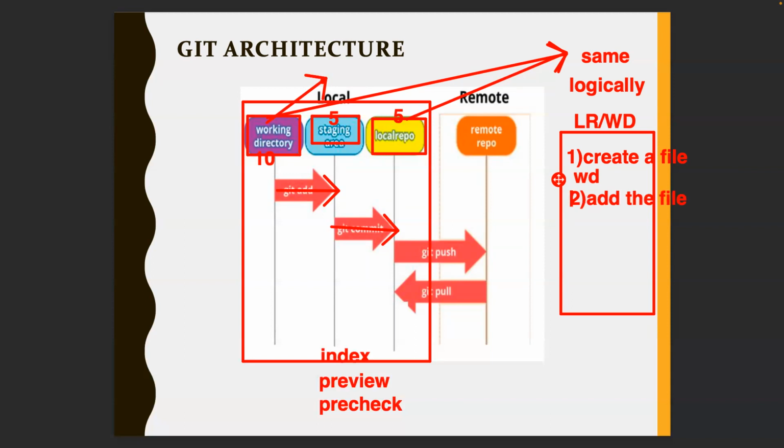You run the command git add. You run the command git add means it is said to be in the staging area. Okay, and then let's suppose you have committed the changes. Then you say that's in the local repository. But the file is in the same folder.